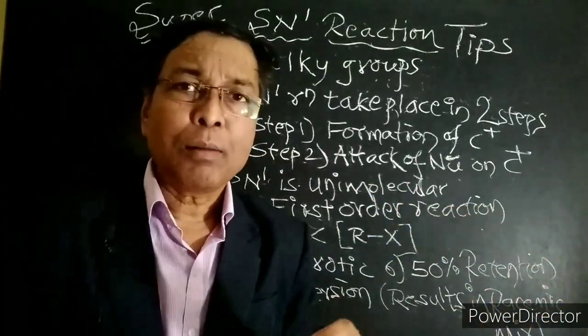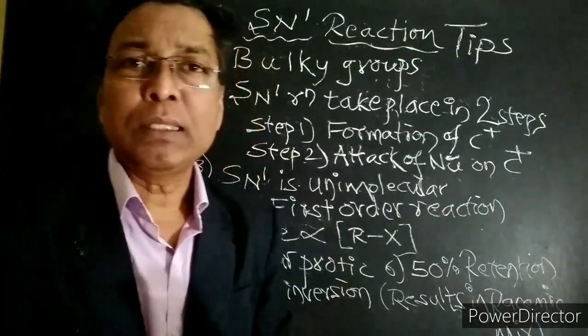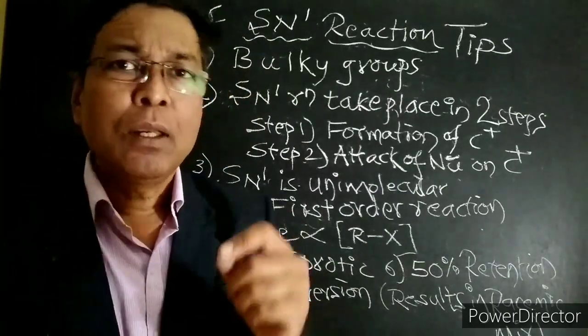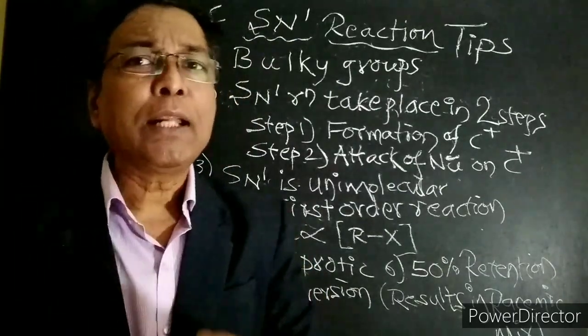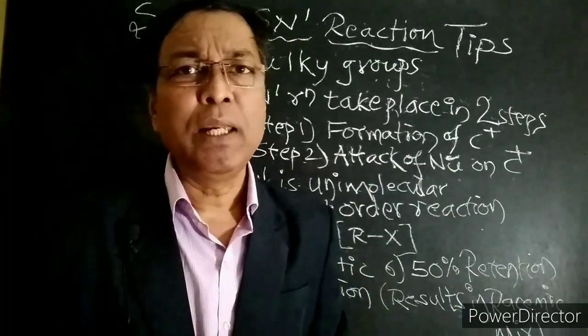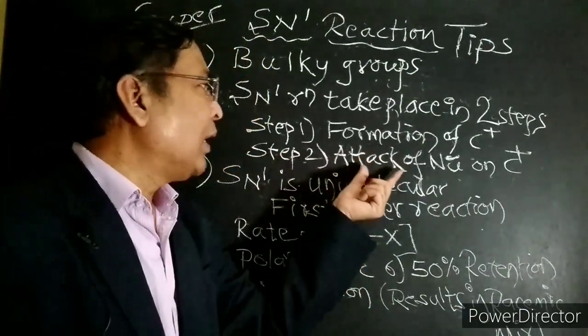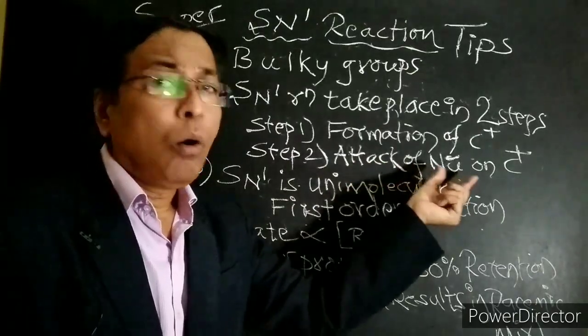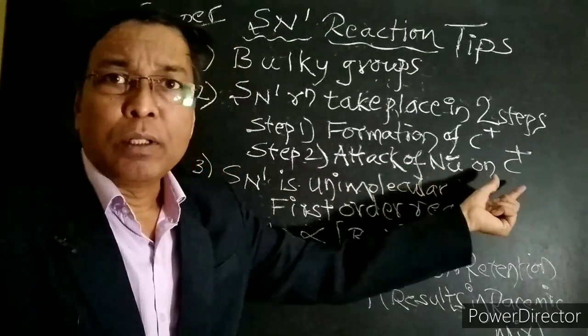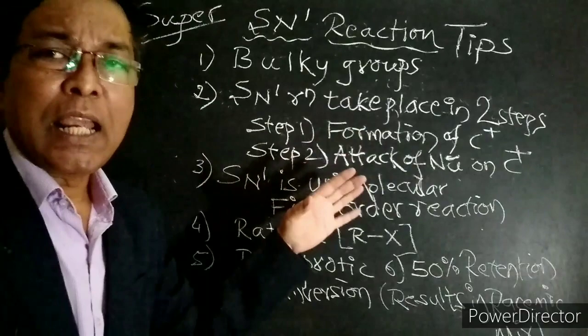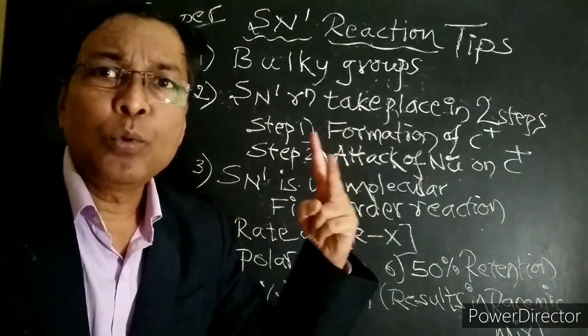As a result, carbon becomes an electron deficient center and it is called a carbocation. Carbocations are also called carbonium ions. The second step is the attack of the nucleophile on the carbocation. As a result, the SN1 reaction takes place in two steps.